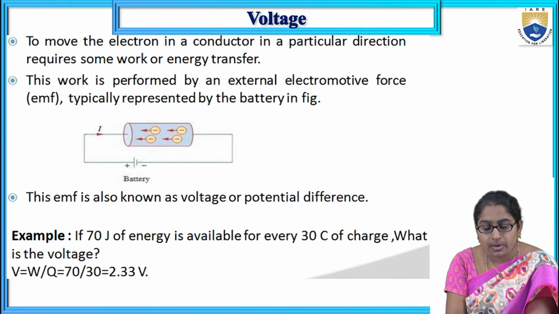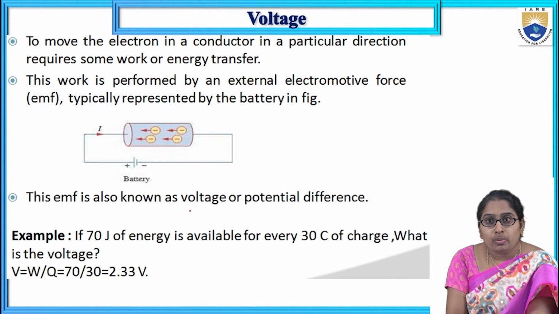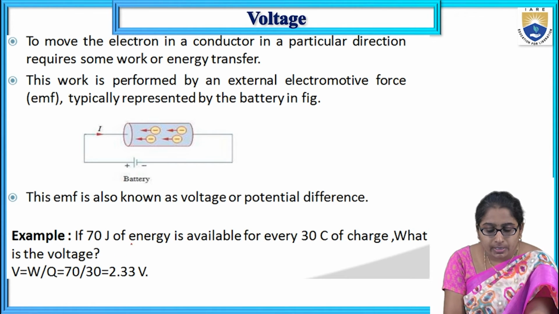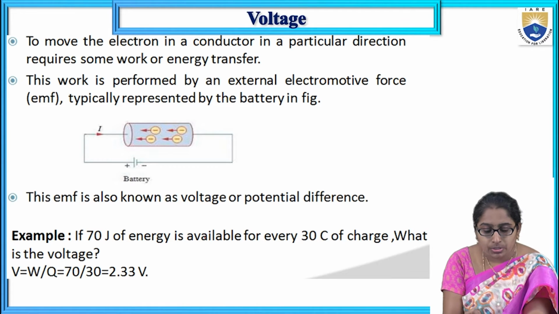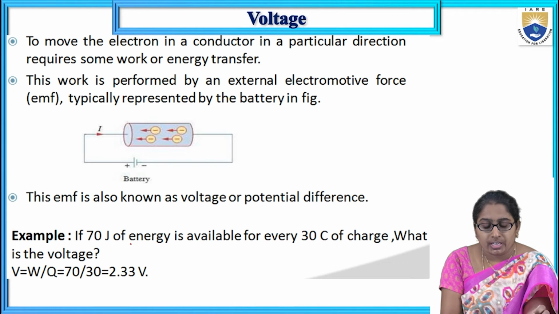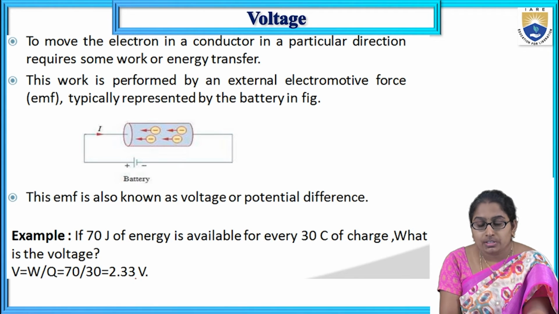So voltage is defined as W by Q. Voltage is denoted with letter V. Example: if 70 joules of energy is available for every 30 coulombs of charge, what is the voltage? V equals W by Q. The work, that energy, is 70 joules over 30, which comes to 2.33 volts.